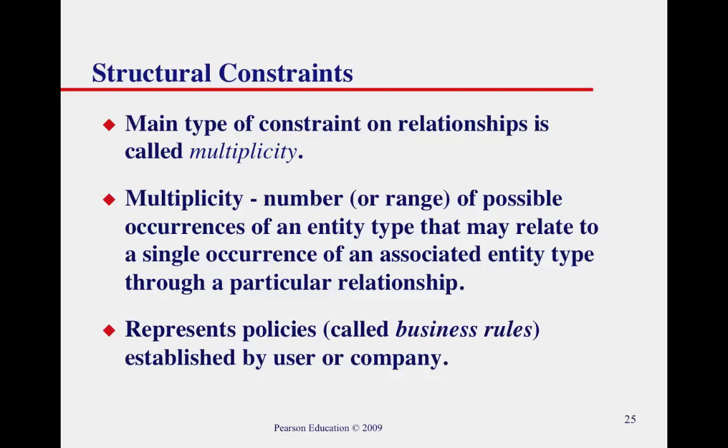Moving on. So now still talking about relationships again. Relationships have something called multiplicity associated with them. It refers to the number of possible occurrences of an entity type on each side of the relationship. So for example, a branch has multiple staff members.